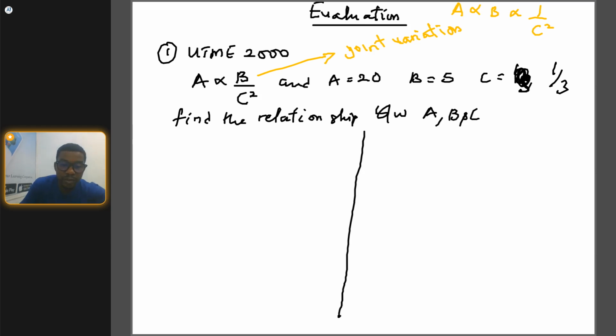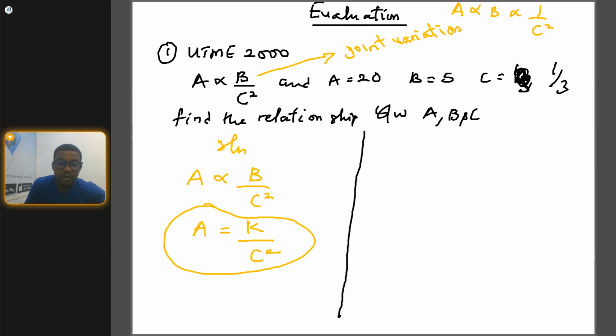So can we go ahead to get the relationship? A varies as B over C squared. That is going to give us A equals K B over C squared. So this is the relationship. Now I want you to help me get the value of K from your own end.